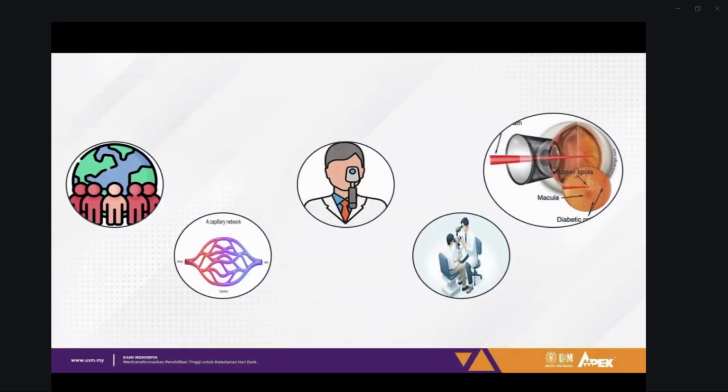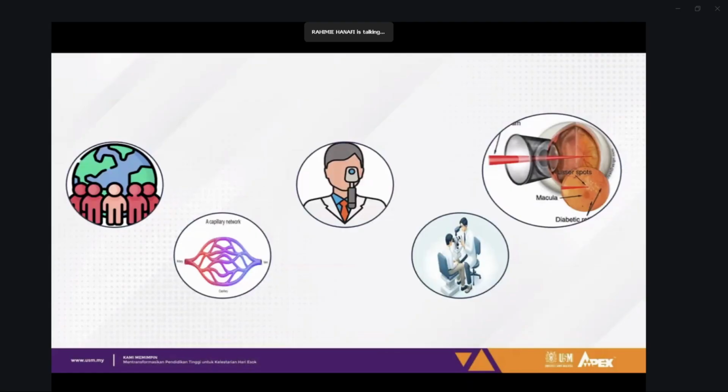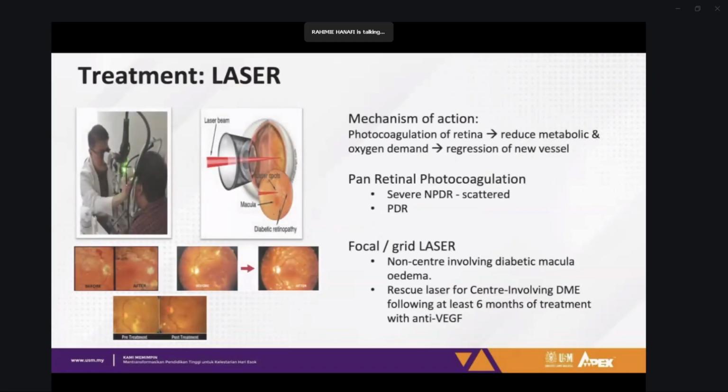Okay, my final part of the presentation is about treatment. Generally, when we talk about diabetic retinopathy, we know one word, which is laser. Okay, how does laser work? Laser will cause photocoagulation of the retina that further reduces metabolic and oxygen demand and causes regression of new vessels.